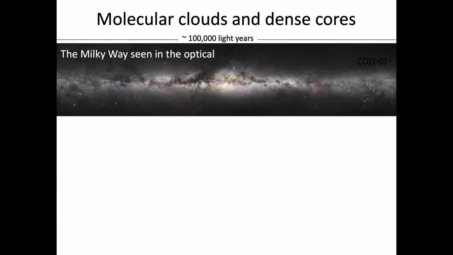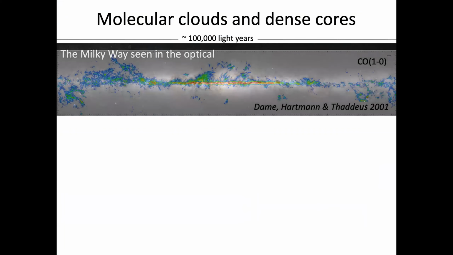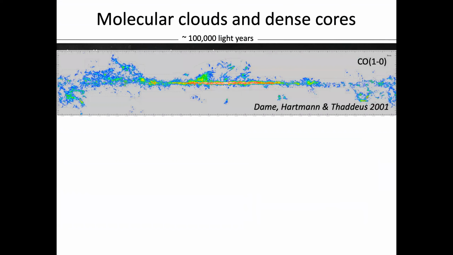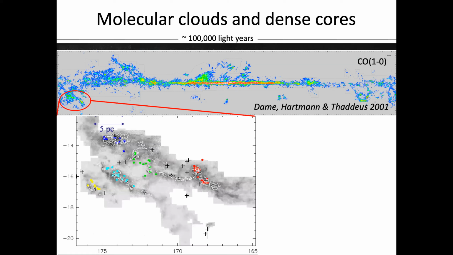This is how you could see the Milky Way in optical, and this is how you see it when you have CO. Of course, CO, the main isotopolog, is not so good to see the details and the regions of star formation. To do that, you have to go to rarer isotopologs. Here is a map of the 13CO, the gray scale.